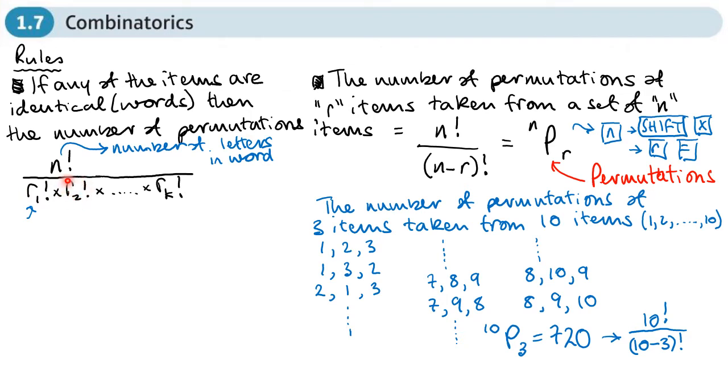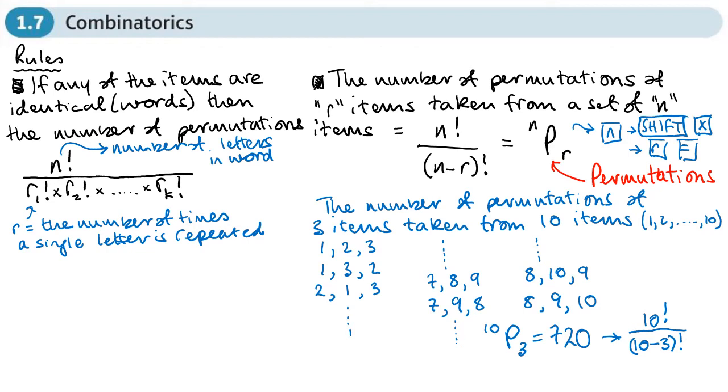So then we'd put 3 factorial. So each one of these r's represents a letter that's repeated, and r is the number of times that letter is repeated. So I'll put r equals the number of times a single letter is repeated.